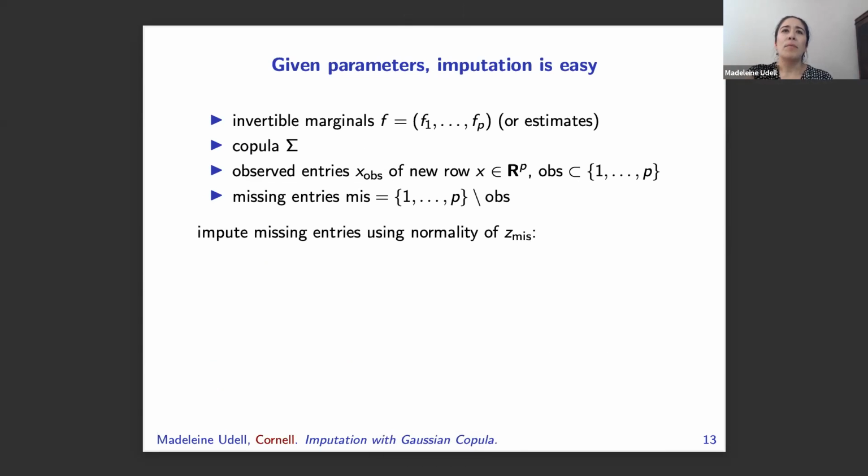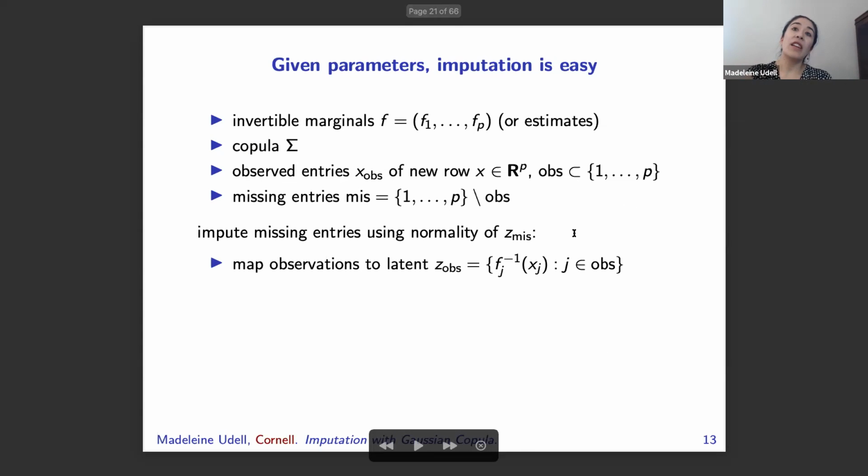I'm going to impute the missing entries by observing that the latent vector of missing values is normal, and we can actually compute its mean and variance. Given the observations, I use F inverse, which for continuous data is invertible, to compute the latent Gaussian entries corresponding to the observed variables.